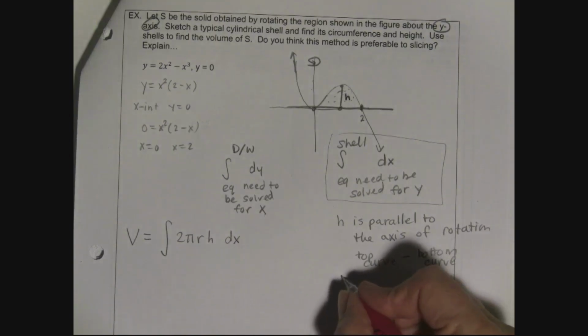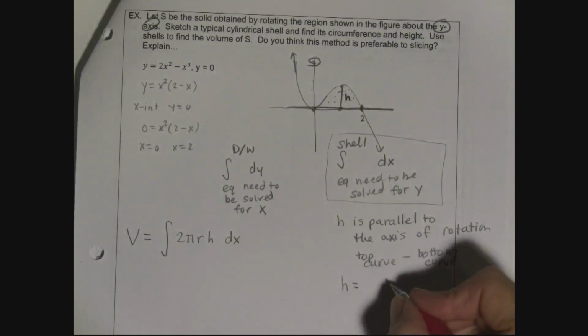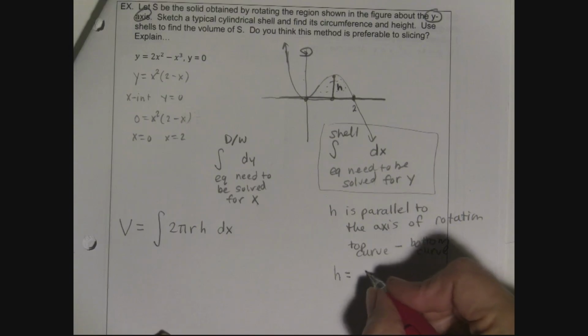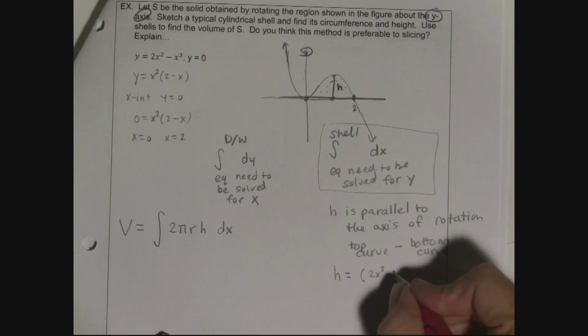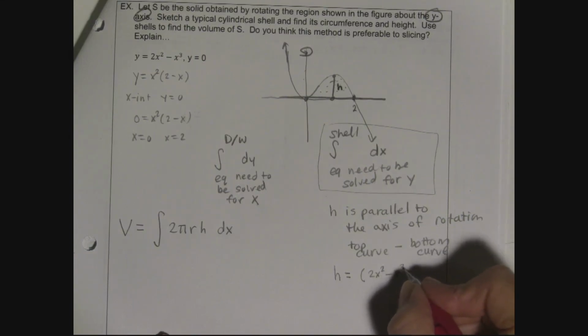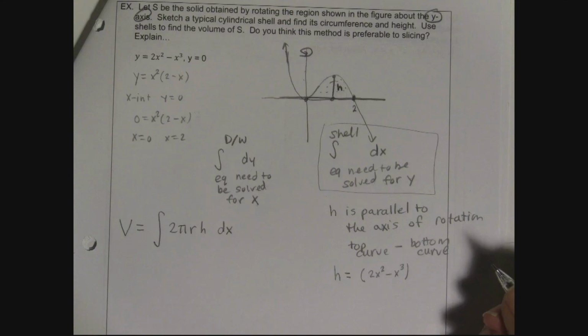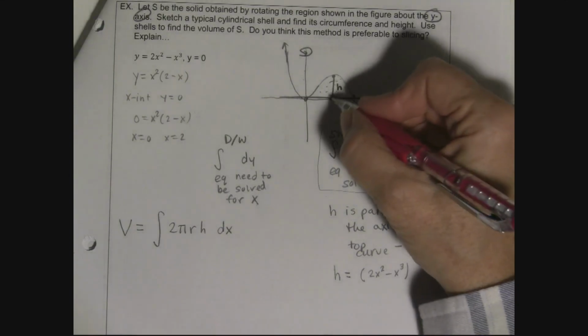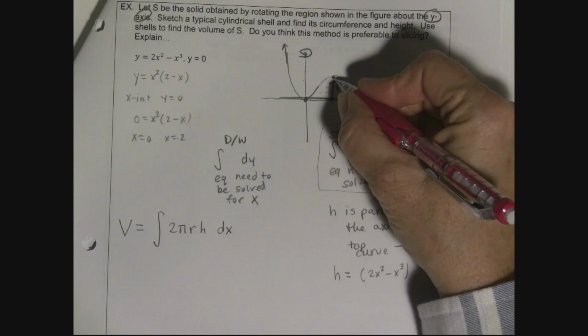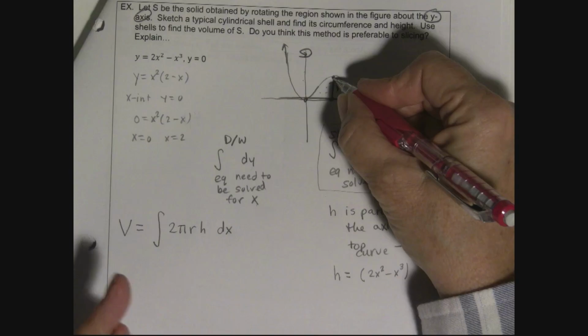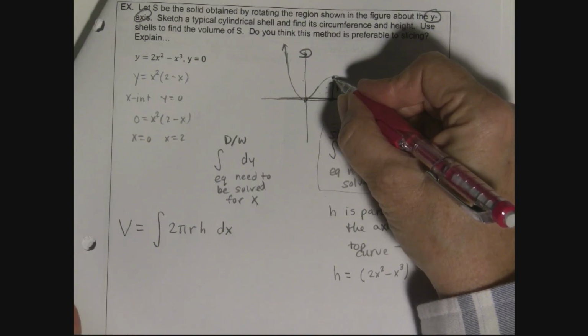So that tells me here that h equals, in this case, the top curve, which was 2x squared minus x cubed, right? That top curve, the distance from that axis, is called y, or called 2x squared minus x cubed, because it's out on that curve.